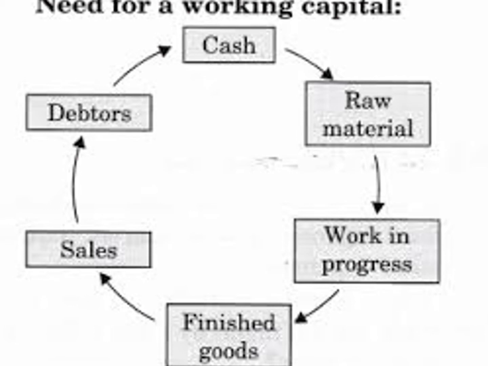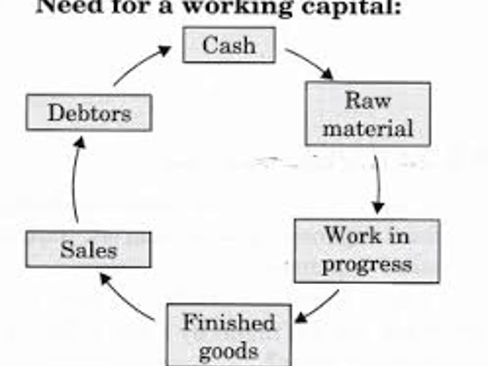Now, if we see the working capital requirement, it is focused on the cycle of this movement where we need cash to get the raw material. Then it is being put in the form of work in progress. Then the finished good comes.